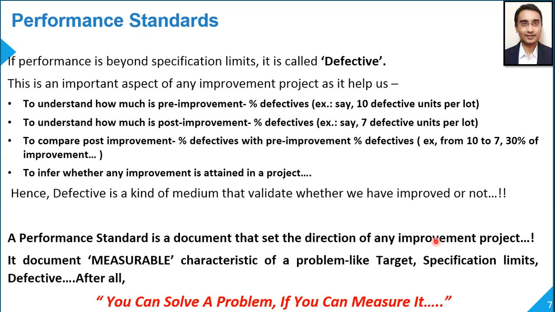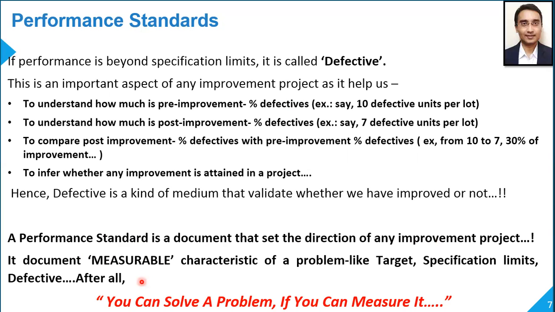It documents the measurable characteristics: the target you can measure, your measure count, your specification limits, and of course the number of defectives. Anything beyond the target, right? Those number of shifts that count, that measurability, is what we get through the performance standard.